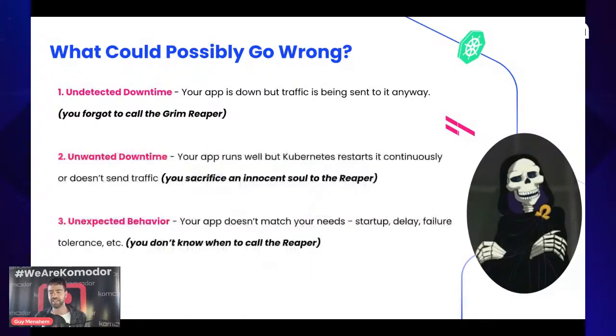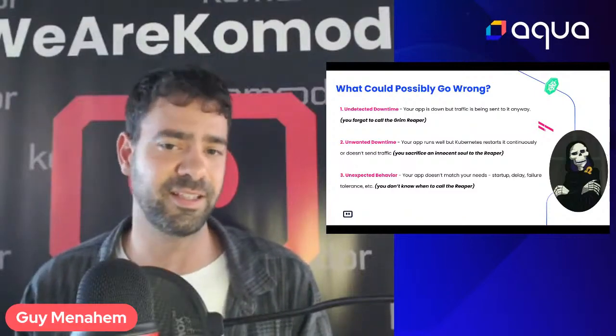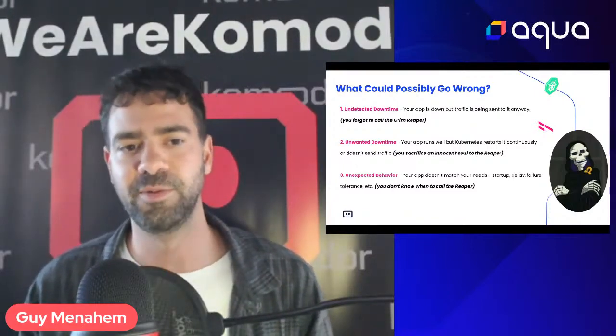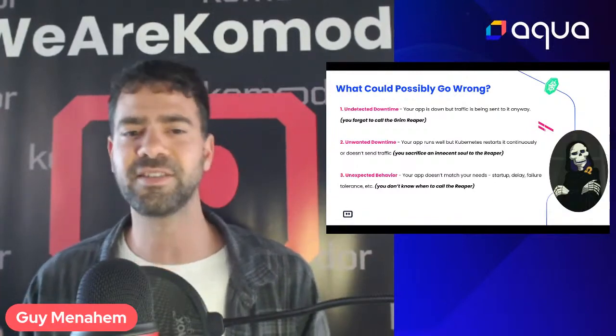The next thing is more about unwanted downtime, which means that your application runs well, but for some reason Kubernetes restarts it continuously, thinks it's not alive, or for some reason doesn't send traffic through it. Why is that so important?